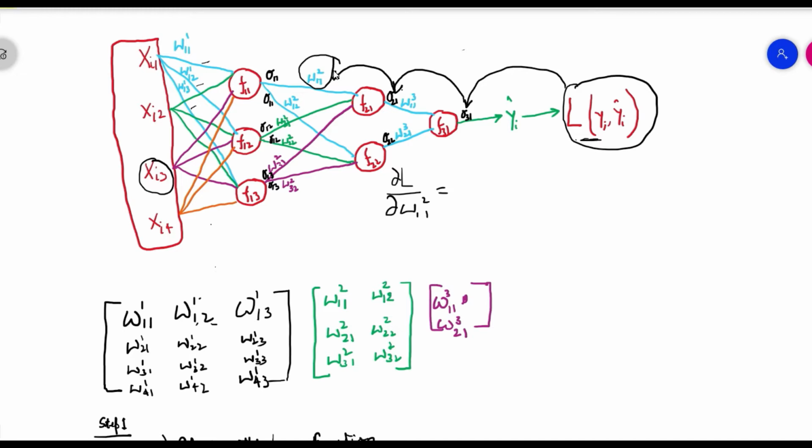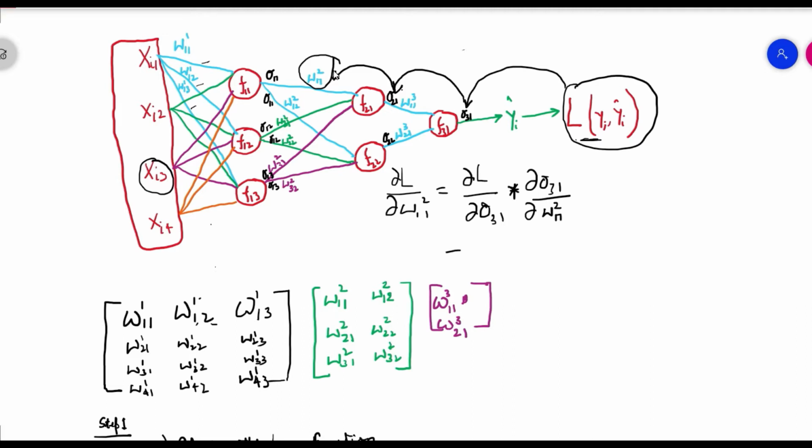You will have to again apply the chain rule, repetitive times. So the rate of change in our loss function with respect to W211 will be equal to the rate of change of loss with respect to the rate of change of our O31, and the rate of change of O31 with respect to W211.